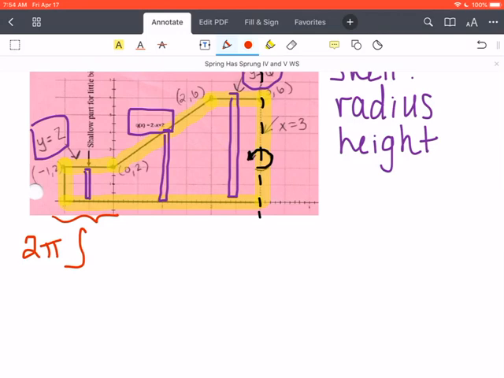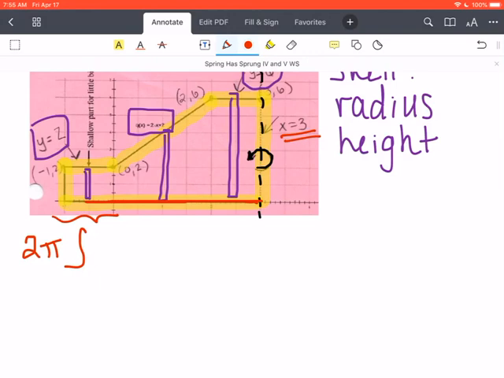So if I draw in a radius from my line of revolution all the way to my representative rectangle, I know that this radius is over 3 units long because remember our line of revolution is at x equals 3. But back behind the y-axis, we have negative values. So it would be very tempting to say 3 plus x.